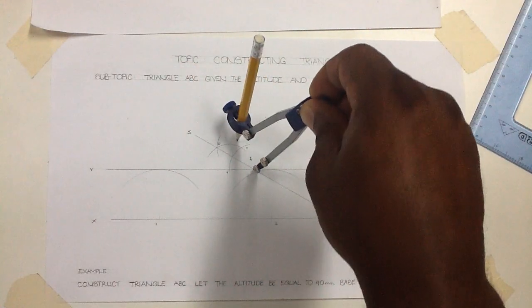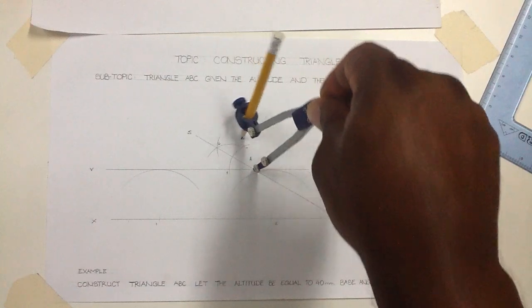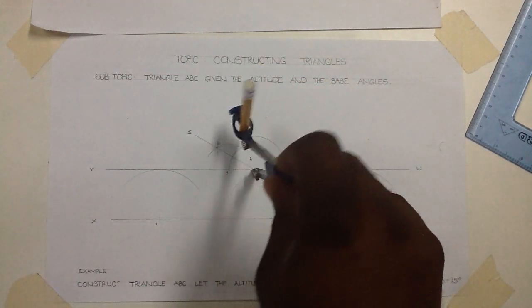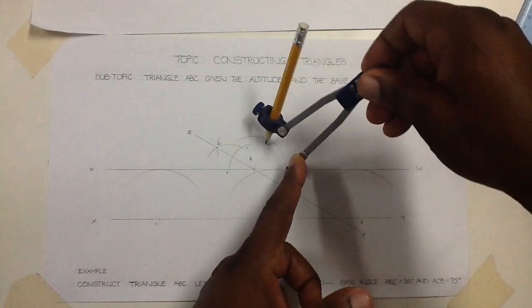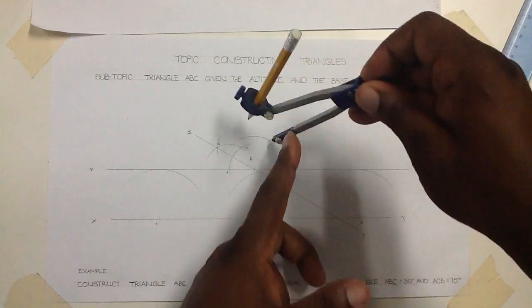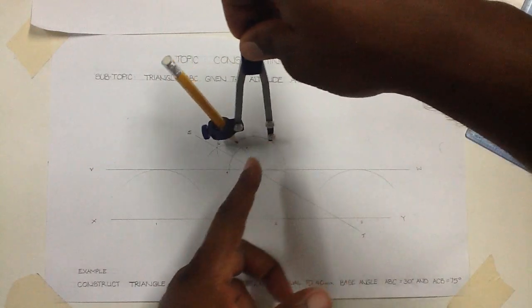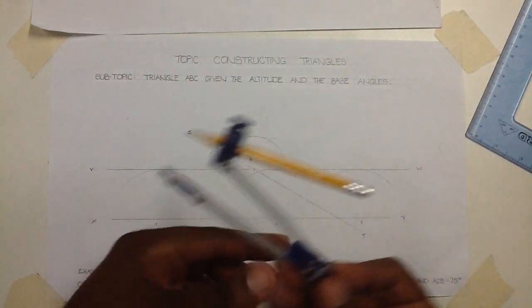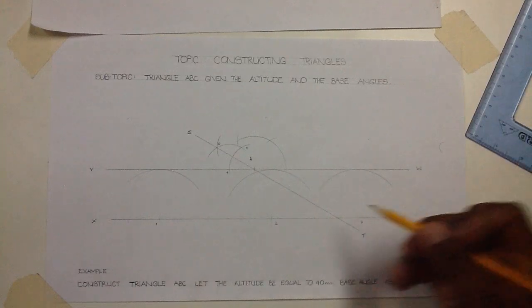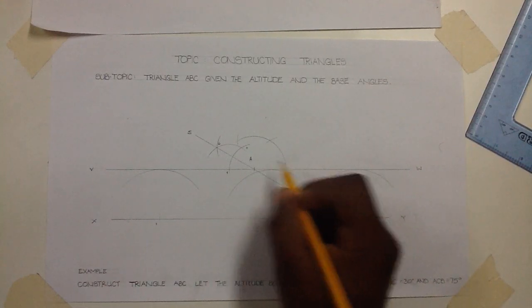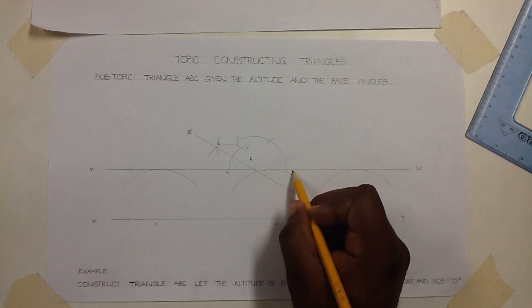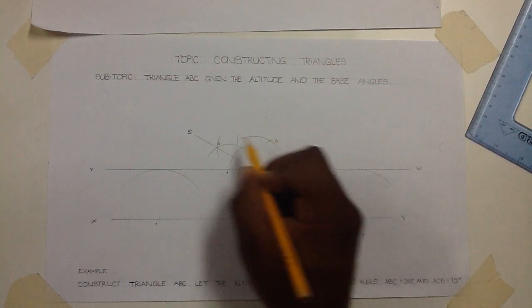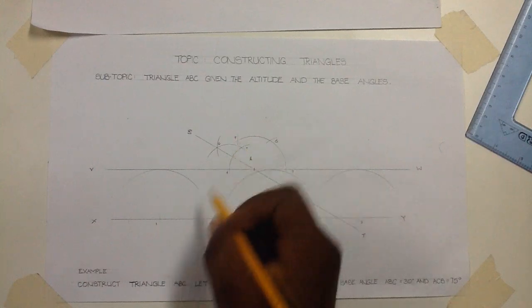I will just increase it just a little. So this is S, this would be point 7, 8, and 9.